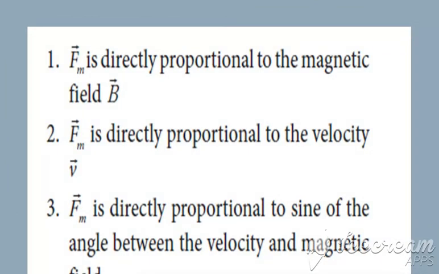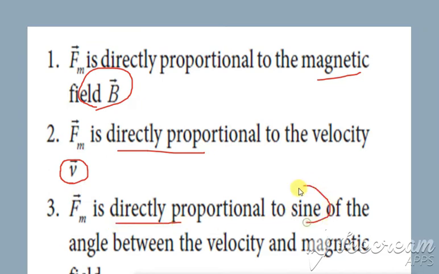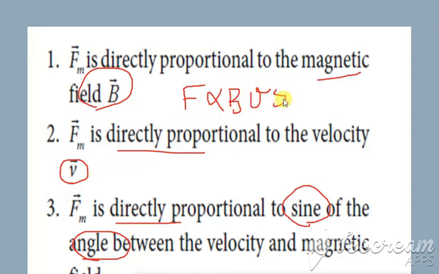First, the force is directly proportional to the magnetic field B. Then the force is directly proportional to V. Then the force is directly proportional to the sine of the angle.